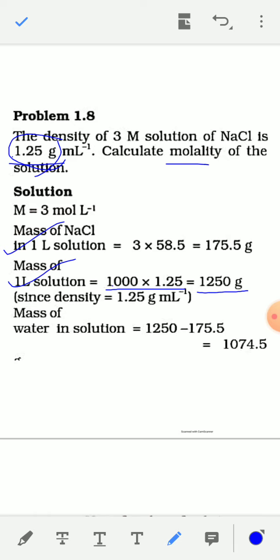And now calculate the mass of NaCl in 1 liter solution. 1 molar NaCl means in 1000 ml, 1 mole NaCl is present. The molecular weight of NaCl is 58.5; sodium is 23 and chlorine is 35.5.